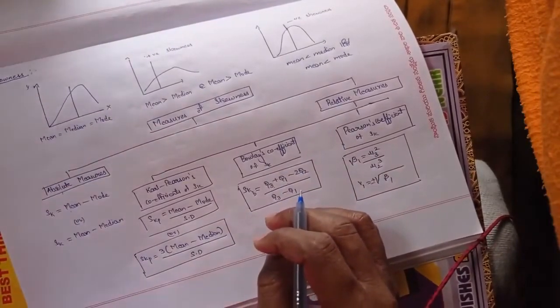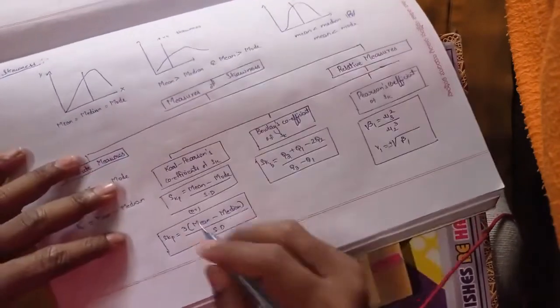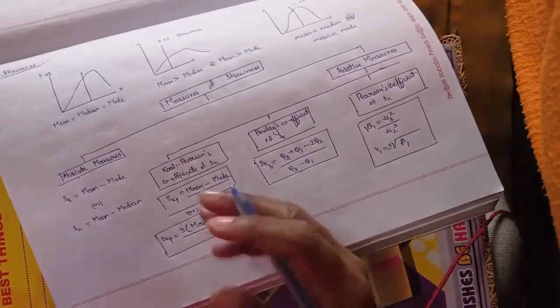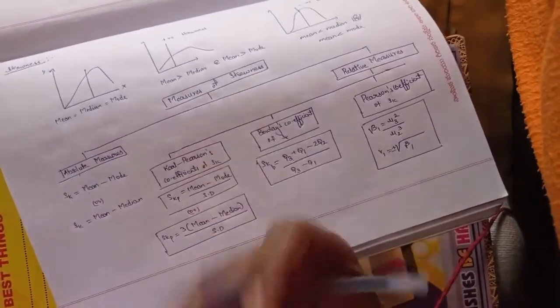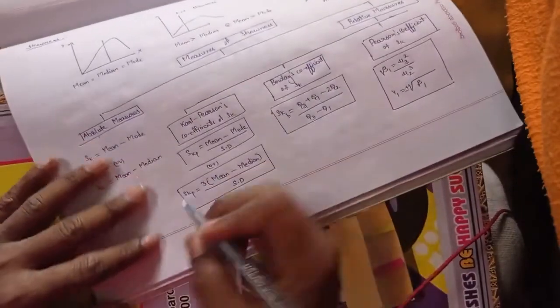So these are the relations and the formulas to find the measures of skewness, and there are some conditions where we can find whether the distribution is symmetric, positively skewed or negatively skewed.